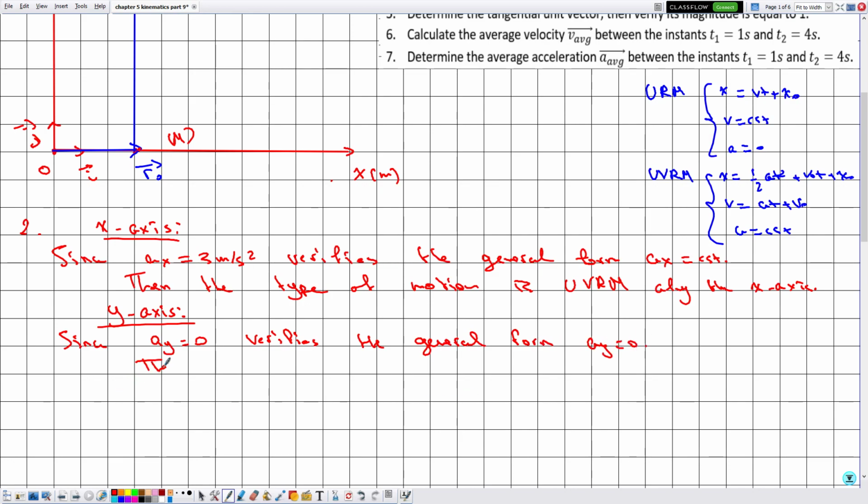Then the type of motion is URM along the y-axis.